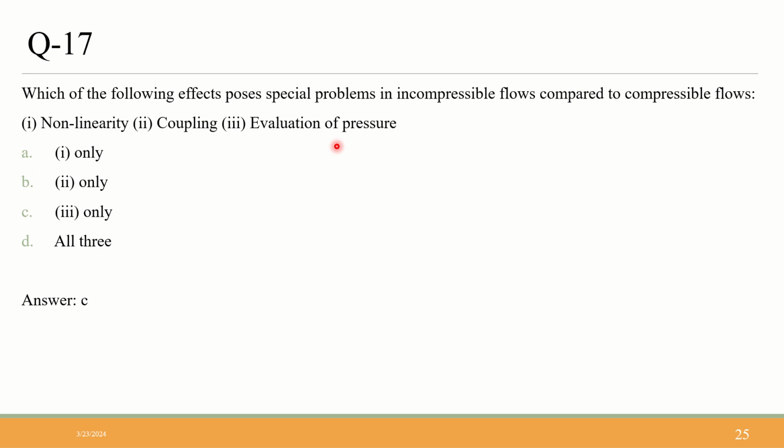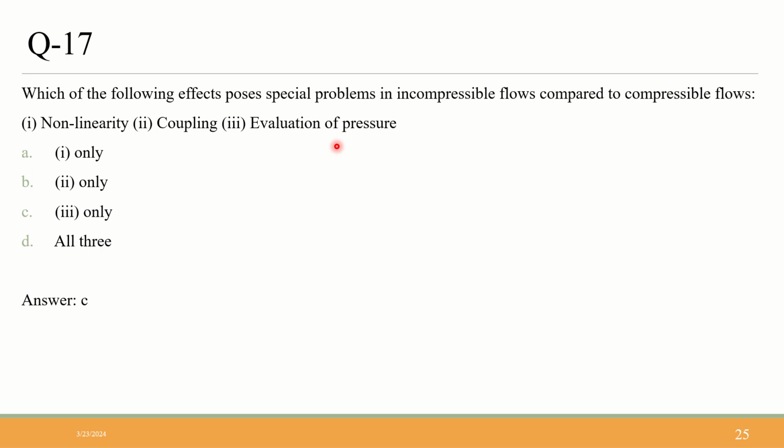Evaluation of pressure is the problem only for the incompressible fluid flow domain, because in compressible fluid flow we calculated the pressure from the equation of state. Therefore it was not a problem in compressible flows, but in incompressible flows evaluation of pressure is an additional problem.